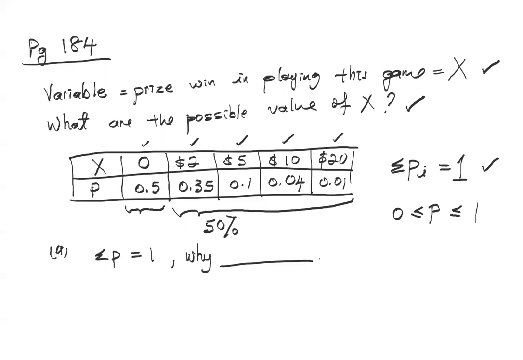So I can also write this in such a way: if I say the probability of all the variables to happen, this is the probability of x equal to 0 or 2 or 5 or 10 or 20.